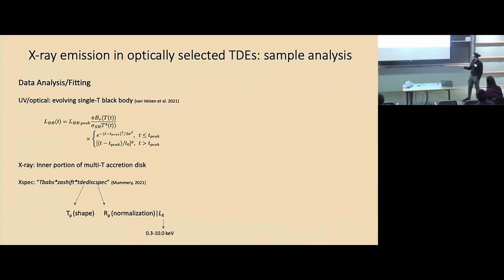We use Andrew Mummery's model TDEdiskspec, with which we measure the inner temperature of the disk, the radius where this temperature is reached, and of course the X-ray luminosity. So we measured 3 things, but actually 2 are free parameters because they correlate with each other. So we have 2 free parameters from the X-ray.